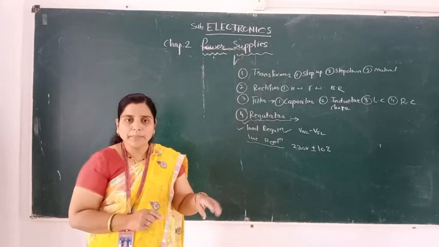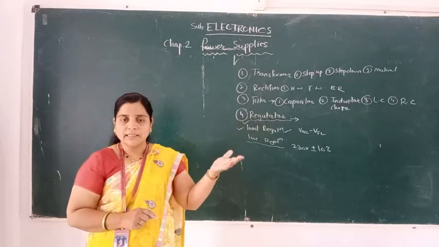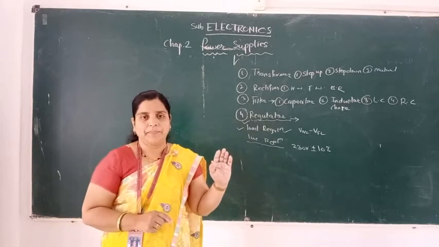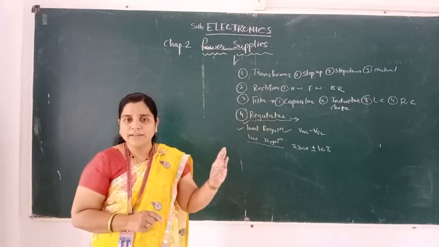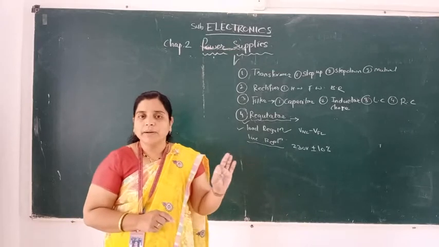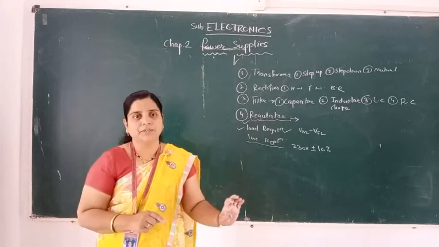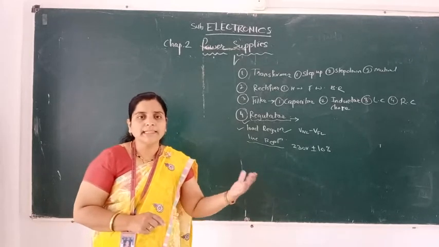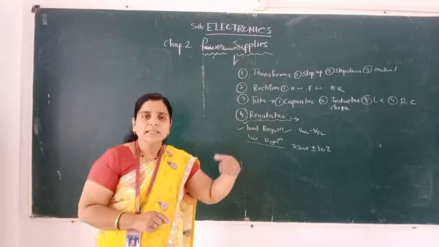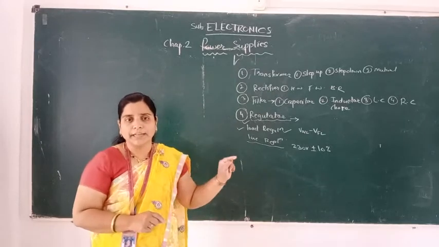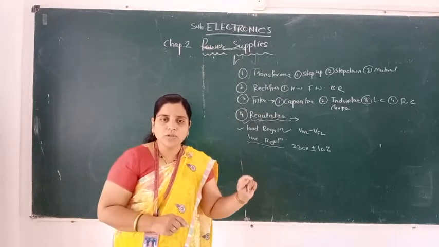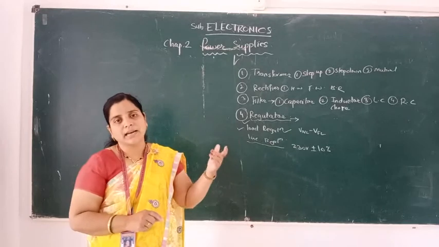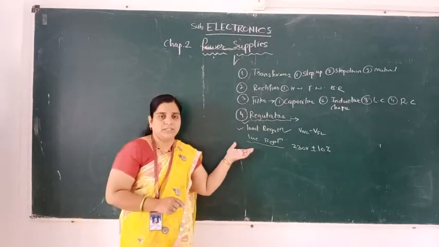In the filter, we get at the output a pure DC supply, no fluctuations. But that DC supply is not continuous or not regulated. Sometimes it is there, sometimes it is absent. So it is not regulated or constant. Therefore, we need the last circuit, the regulation circuit.